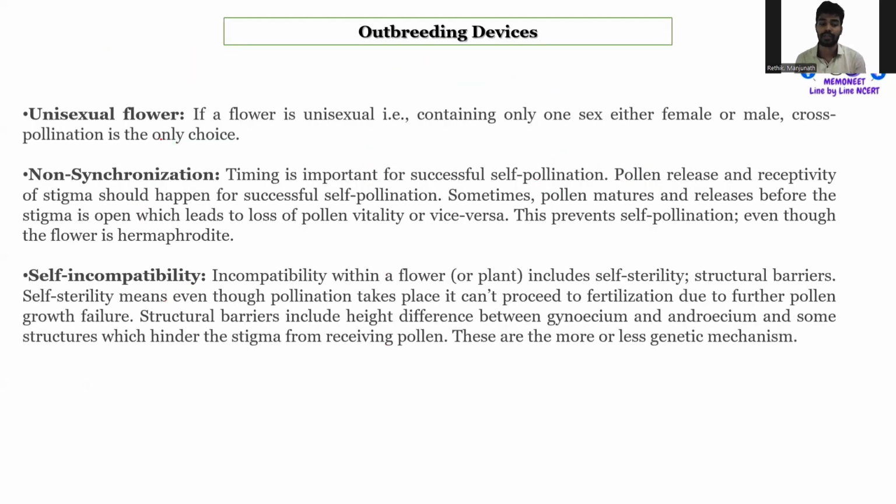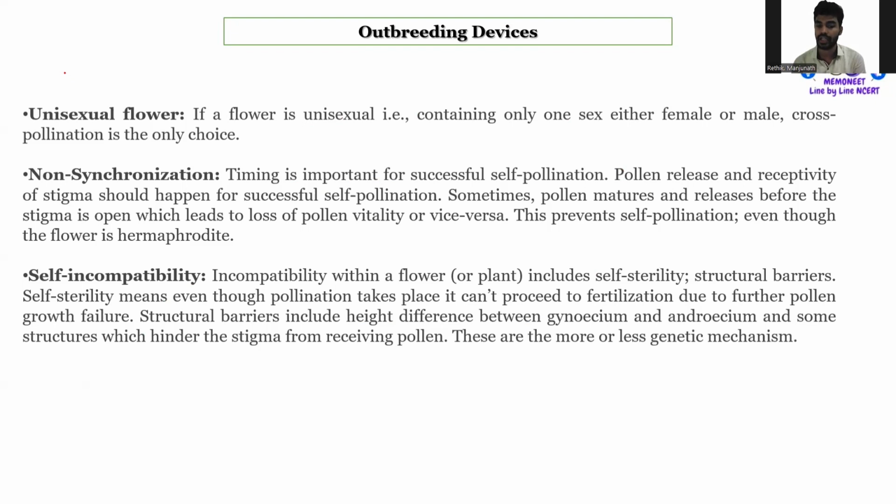Next, coming to the outbreeding devices. So what do we mean by outbreeding devices here? Basically, the majority of flowering plants have hermaphrodite flowers.